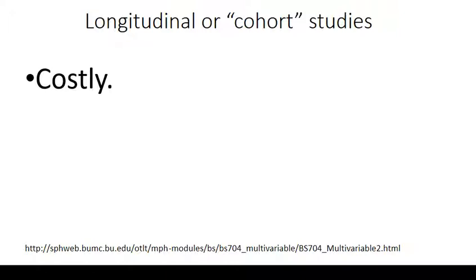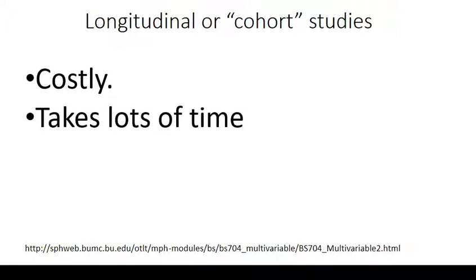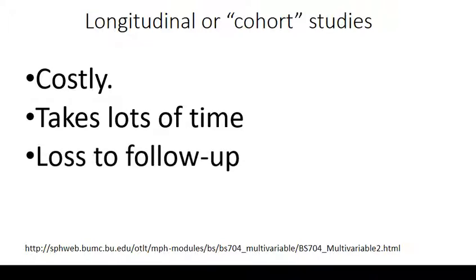You have to follow a group of people for a long period of time, years, decades. And in that time, not only does it take a lot of time to follow these people, but then there's a loss to follow-up. People drop out for different reasons. They lose their motivation. They move. They pass on. So longitudinal studies are really, really difficult.